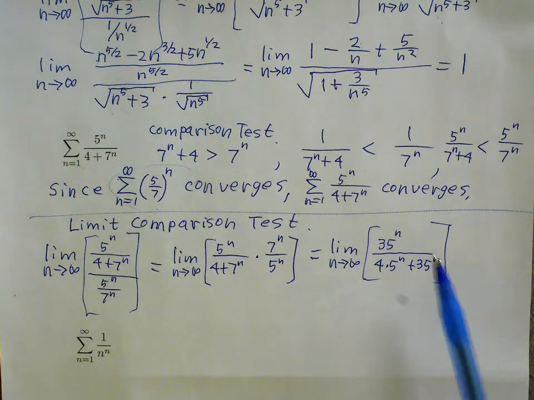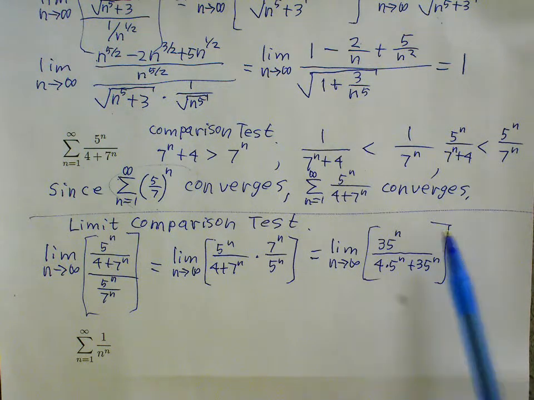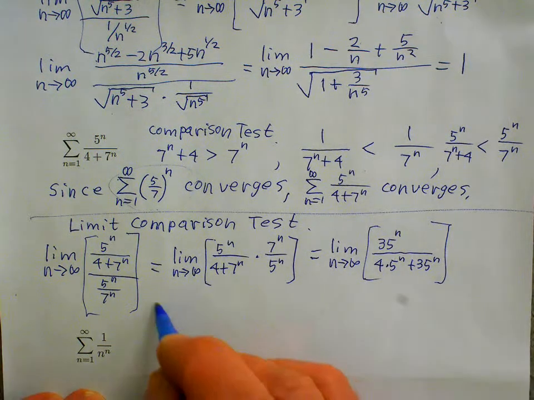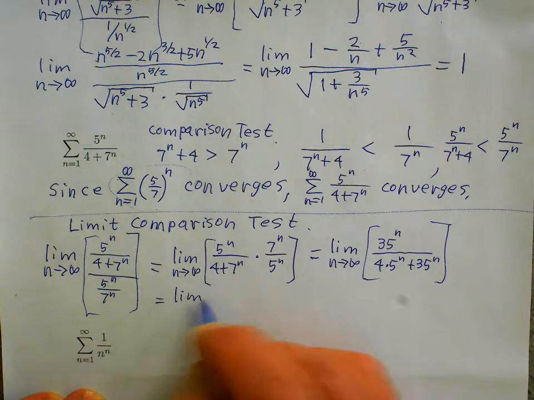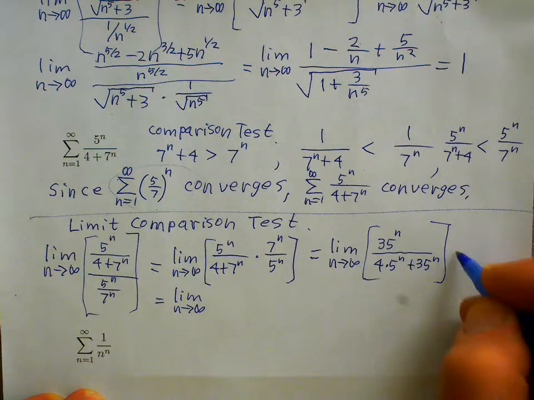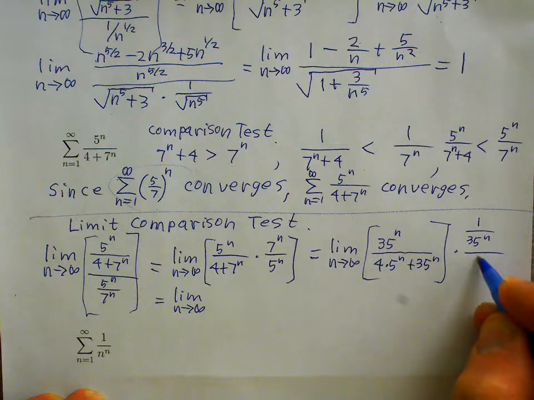Well, if we multiply this expression by 1 in the form of 1 over 35 to the n divided by 1 over 35 to the n, or equivalently, just divide the numerator and the denominator by 35 to the n.